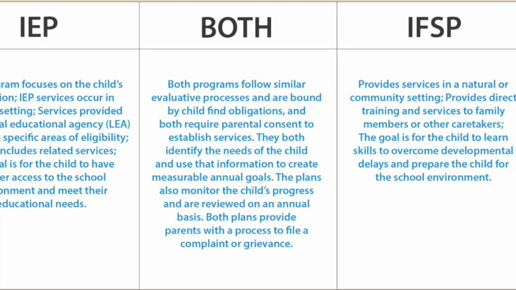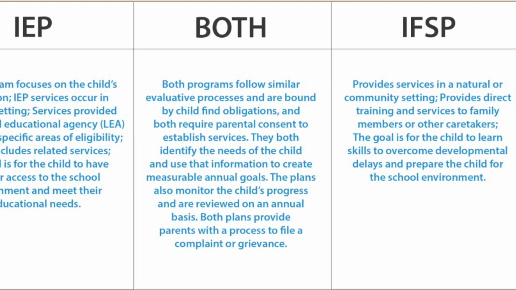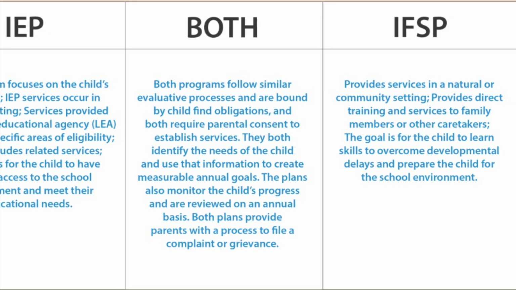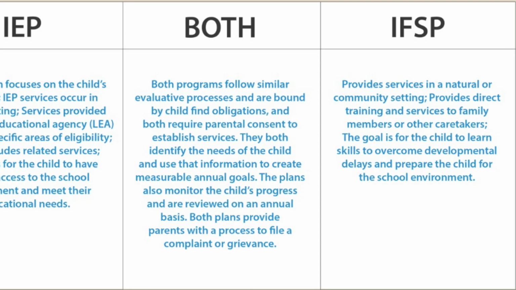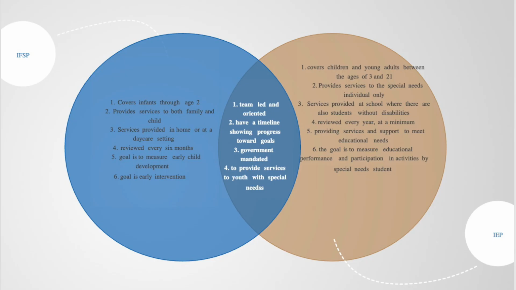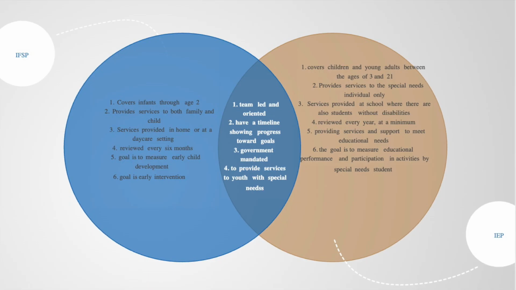Before I continue on with the video, I do want to go over some of the differences between an IEP and IFSP and how they differ very briefly. So, when it comes to IFSP, this program covers infants until they're age 2. It provides services for both the family and the child, and services can be provided in home or in an outside setting.